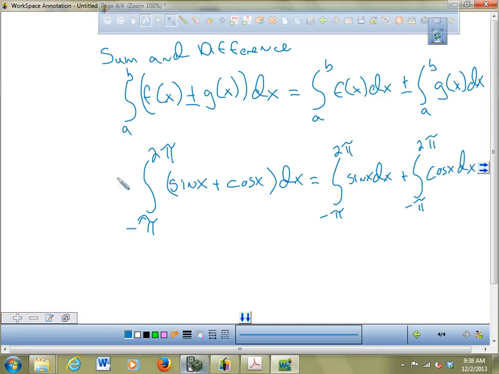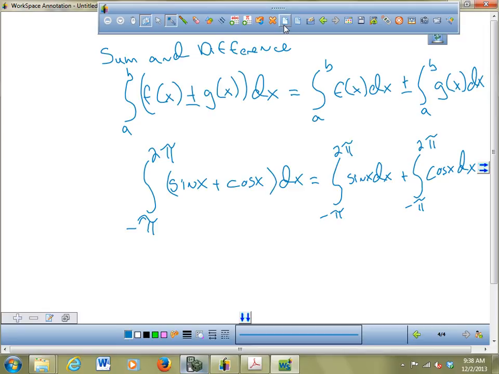So that's what this property says. You can break apart an integral which is a sum into the sum of two integrals over the same interval. Questions? Easy?